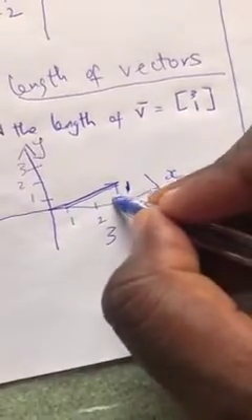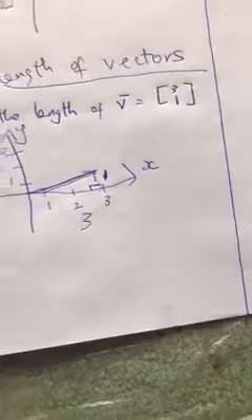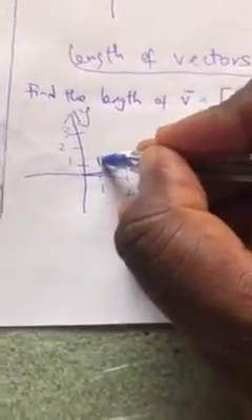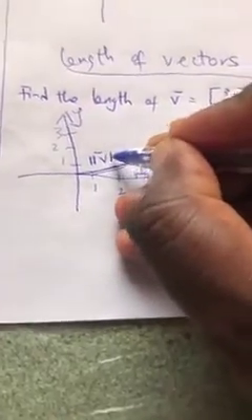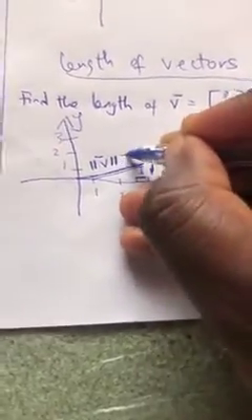We are getting a right angle triangle. Please, are you following? It means that our length, which I'm going to represent by a double absolute value, is the same as our hypotenuse.